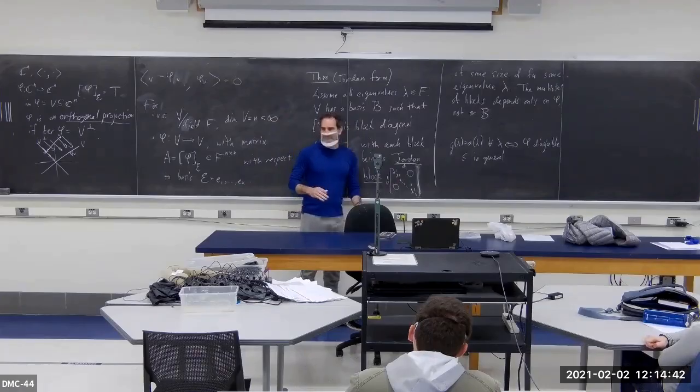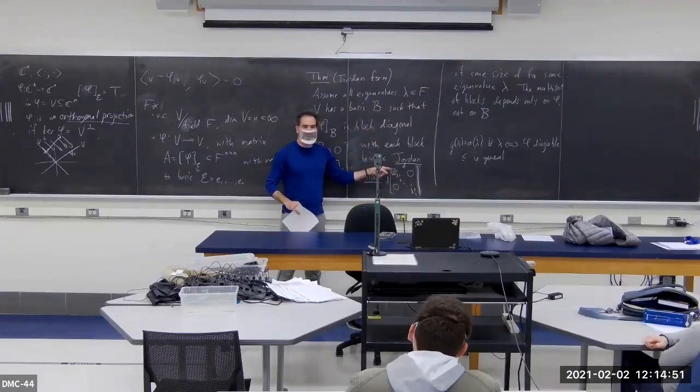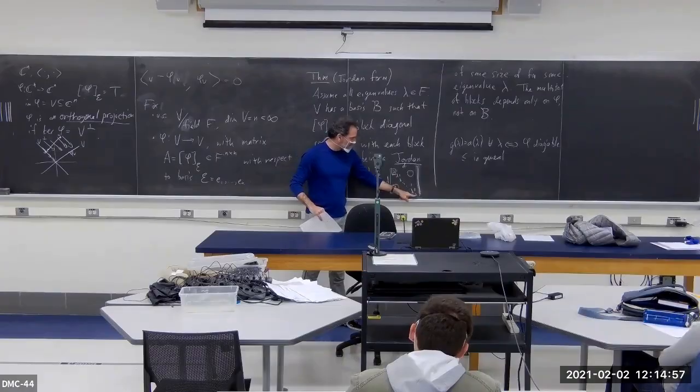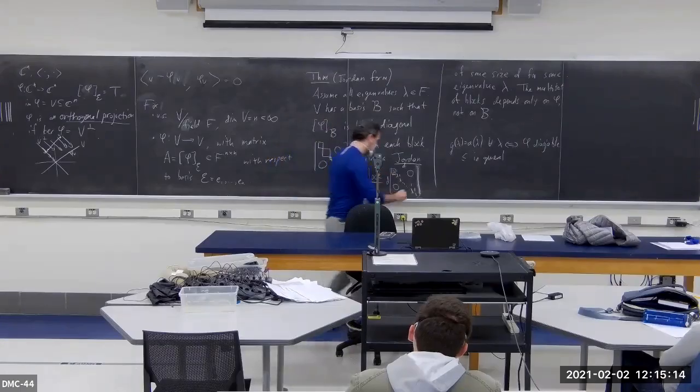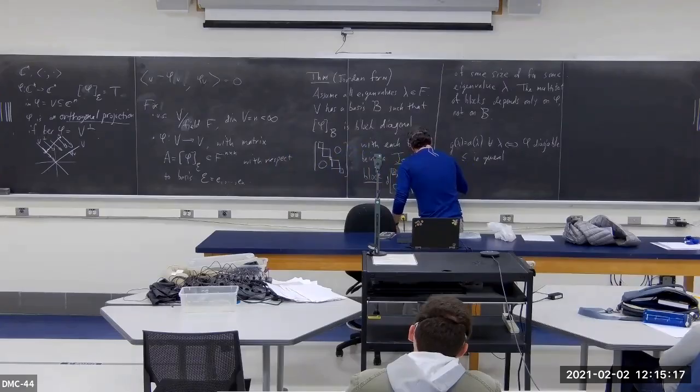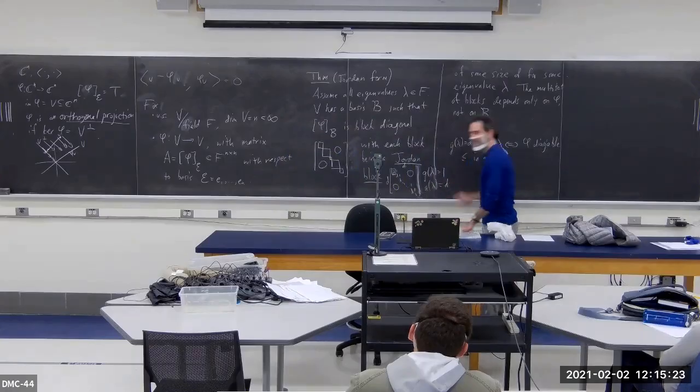The only block where something is just multiplied by lambda is this upper 1 by 1 block. The first basis vector is multiplied by lambda. If I look at the last basis vector, it's multiplied by lambda, but then added to the previous basis vector. And the previous one's multiplied by lambda, but added to the previous basis vector, and so on and so forth. So I'm not getting any other eigenvectors with eigenvalue lambda, except for the one that comes from this upper left-hand corner. So here, G of lambda is 1, but A of lambda is D.